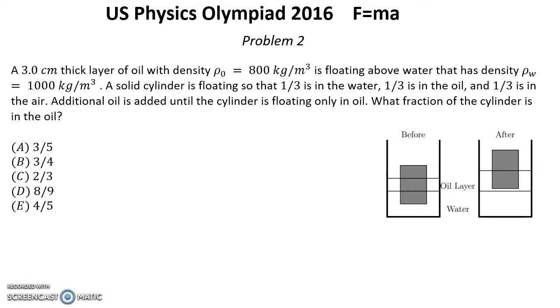A solid cylinder is floating so that 1/3 is in the water, 1/3 is in the oil, and 1/3 is in the air. Additional oil is added until the cylinder is floating only in oil. What fraction of the cylinder is in the oil?